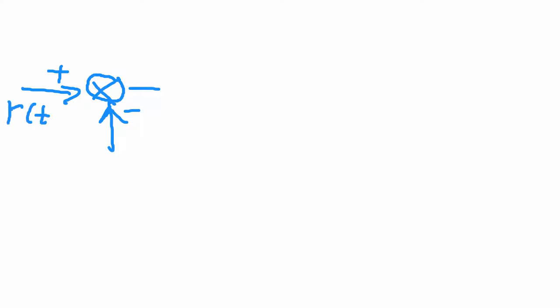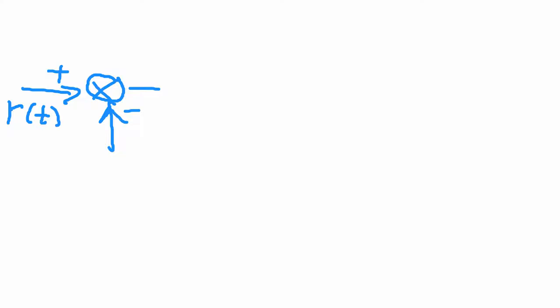So that is the typical control system. You are comparing. That's minus, that's plus, and this is R(t) in time domain.